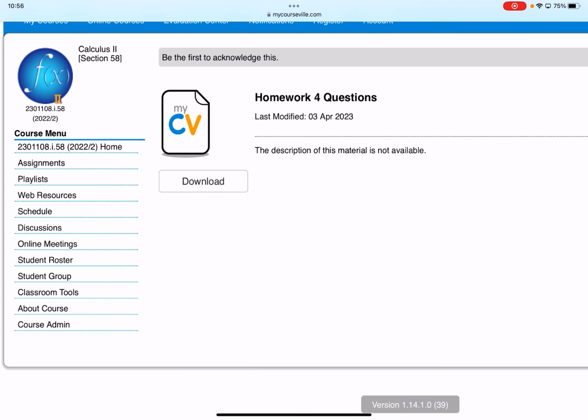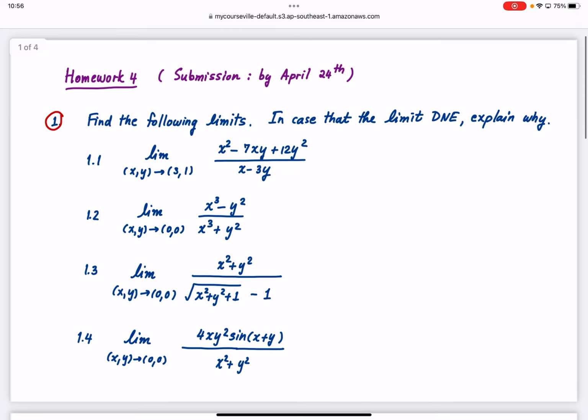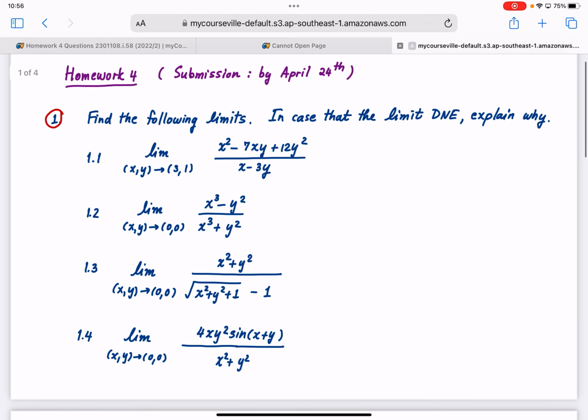You can click on it, homework 4 questions. And then you're going to see that the first question is limit. So this is similar to what you're going to see on the exam as well. For limits, you learned techniques like factoring, conjugate, picking two lines that give you different limits, and also using the squeeze theorem.